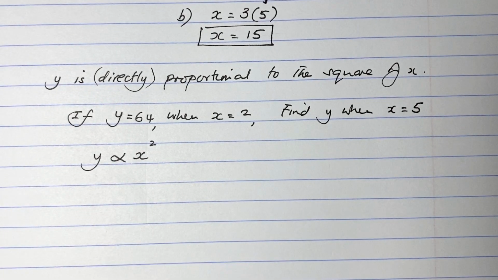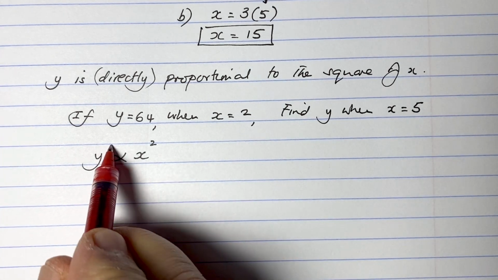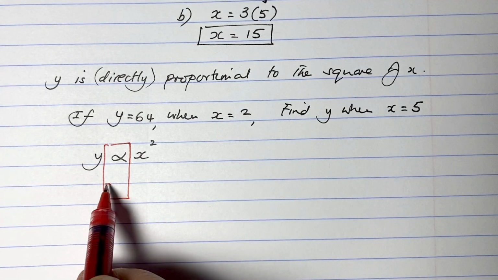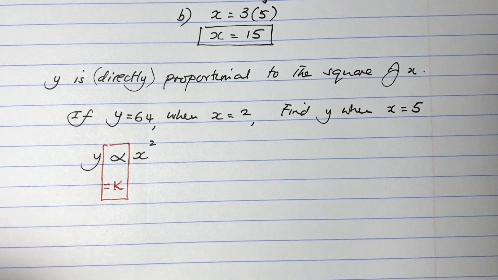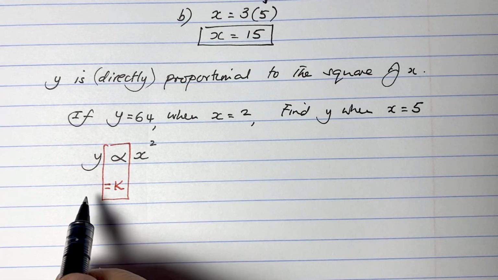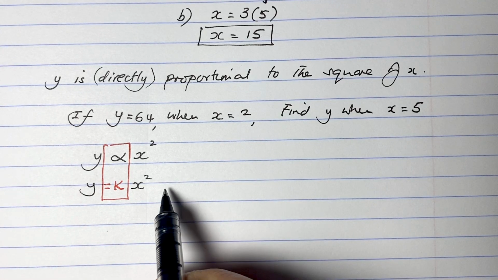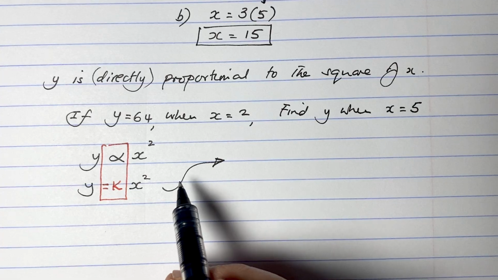As you remember, I mentioned that the sign of proportionality is really not useful. So I'm going to change this to equals k. So we have y equals k x squared.